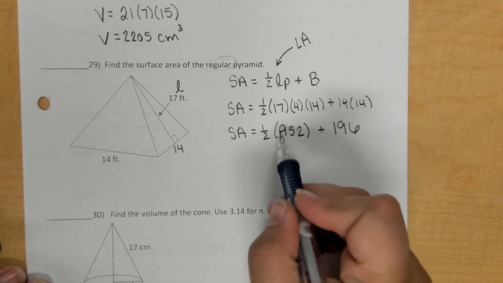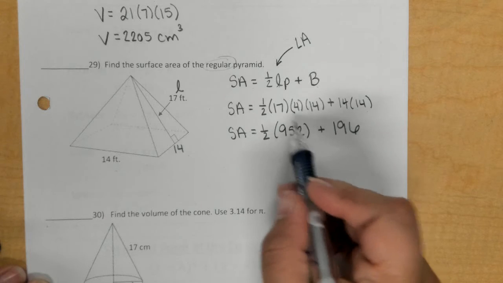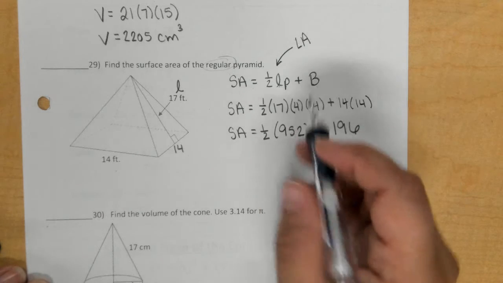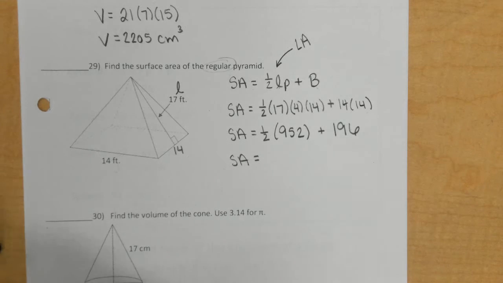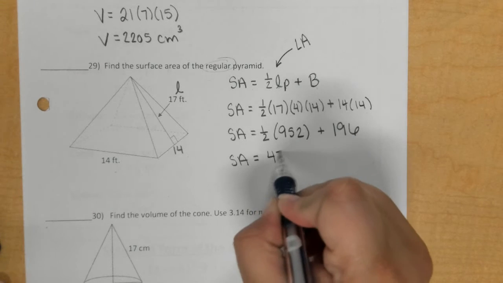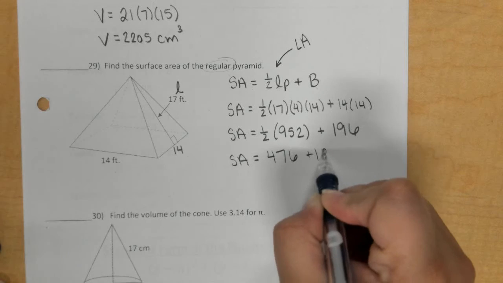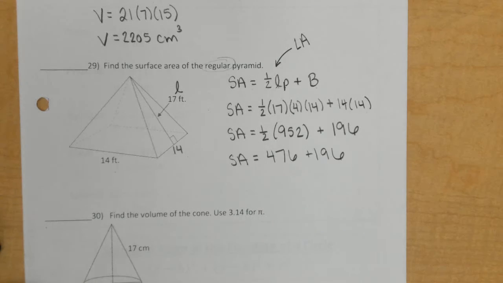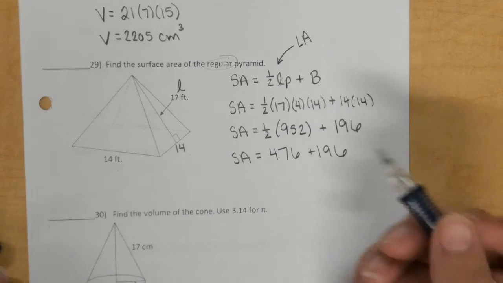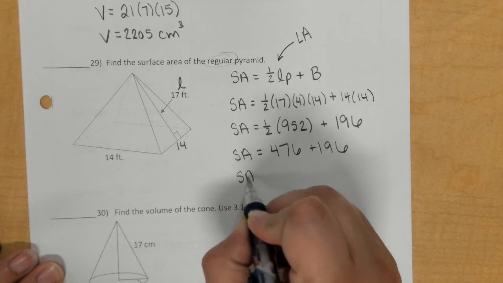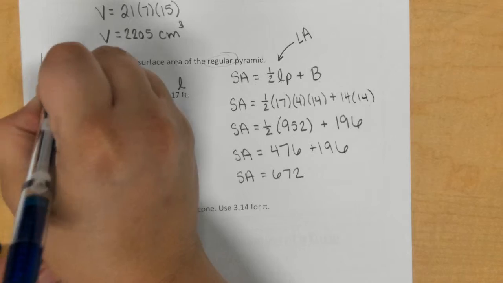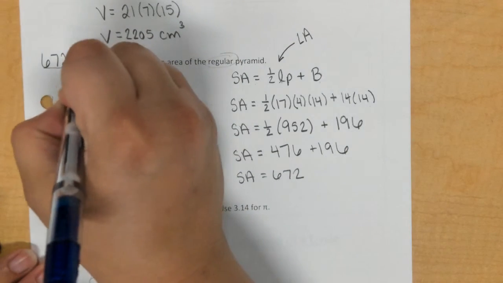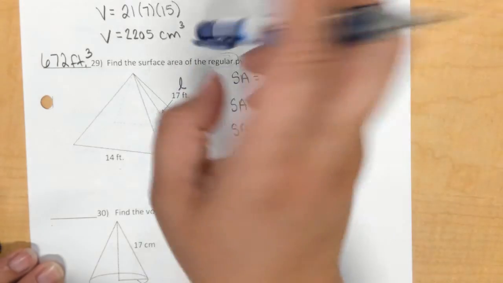Now, we do have to take half of this particular number for the lateral area portion of this, and we get 476. Add the 196, and we have a total of 672 feet squared.